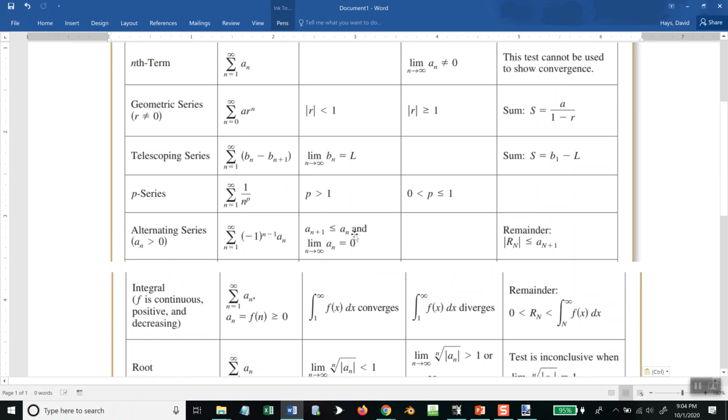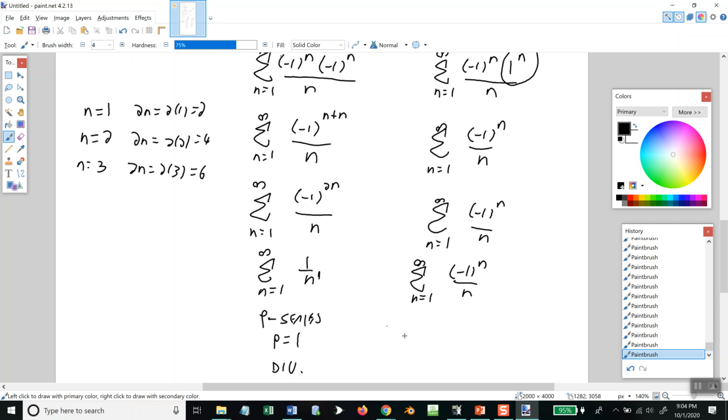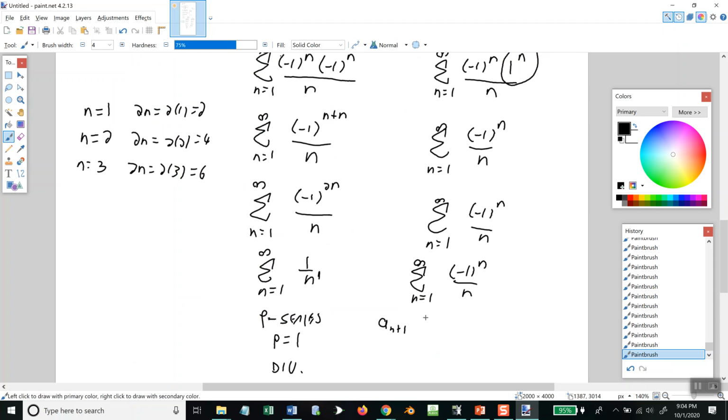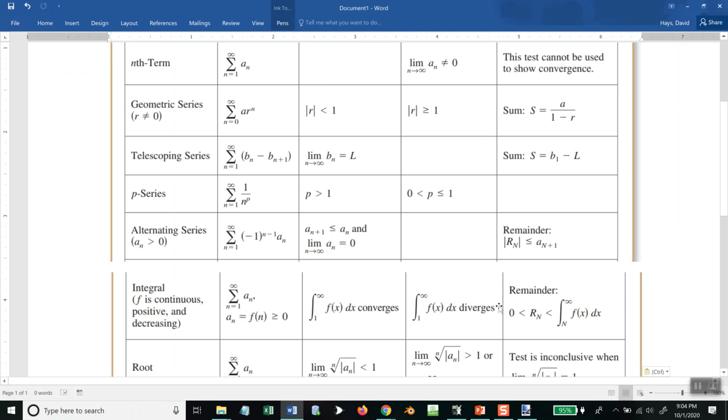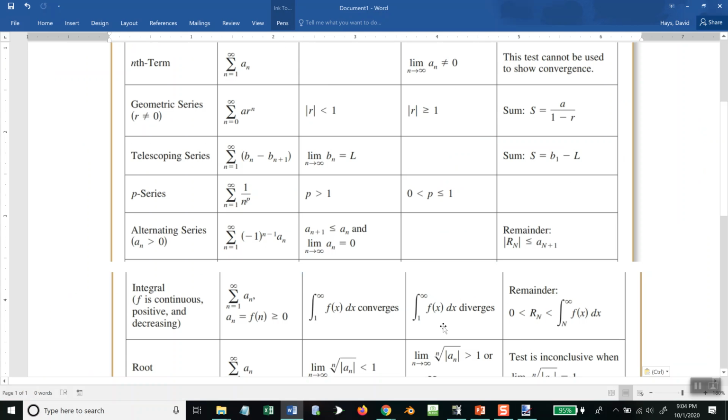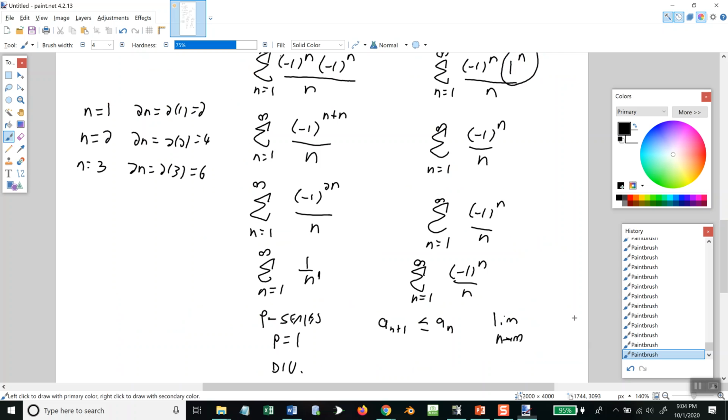For the alternating series, both of these had to be true, which means we need to check to see if a sub n plus 1 is less than or equal to a sub n, and the limit as n goes to infinity of a sub n equals 0. So both those have to be true.